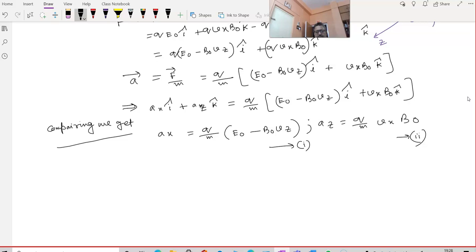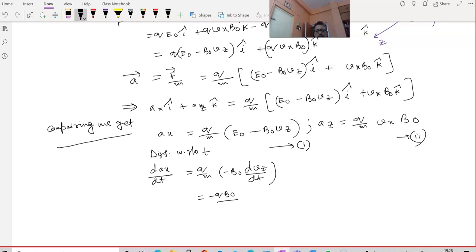This expression, when we differentiate with respect to t. Why differentiating, that you must understand. dAx by dt, E0 is a constant. Why have I differentiated, you understand? Because this thing is going to be Q V0 by M into Az.